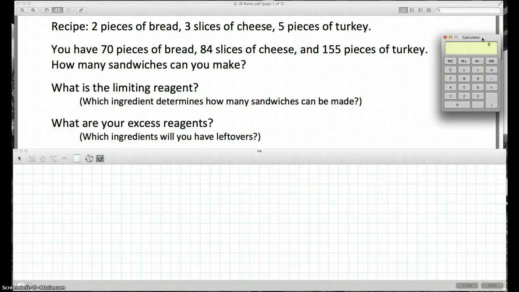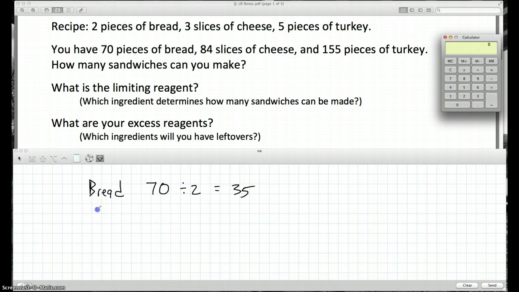Well, what we do is we look at each ingredient. So bread, we have 70 pieces, and each sandwich requires 2 pieces of bread. So we can make 35 sandwiches if we just look at bread.